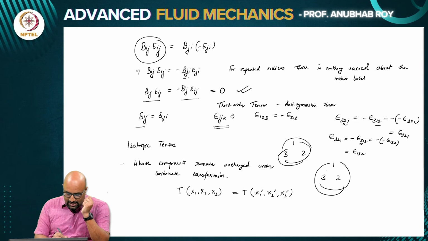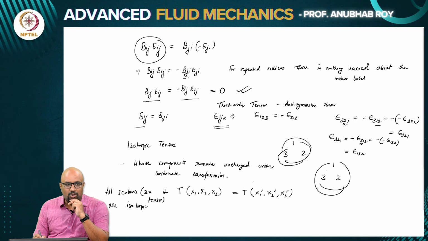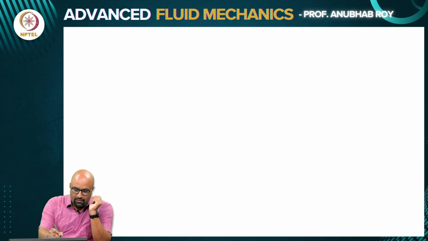So, this is to say that all scalars, or what we are giving a slightly fancy name now, all 0th order tensors are isotropic. So, the idea of isotropy is basically universal when you are talking about scalars. What about vectors?